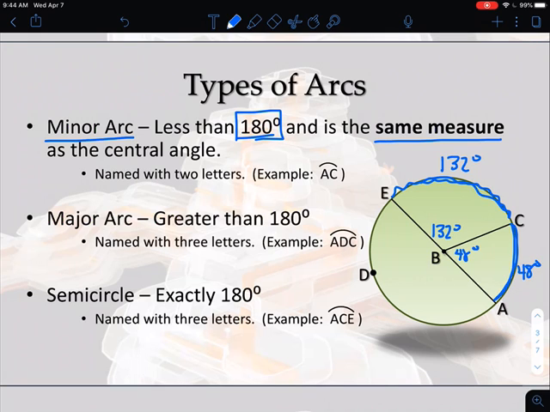Now, when we name our arcs, here's the next part. We always name it with 2 letters. So if it's a minor arc, we only use 2 letters, the starting point and the ending point. So where I started and where I ended. For my first one, if I highlight it in red here real quick, I went from A to C, so I would call it arc AC.